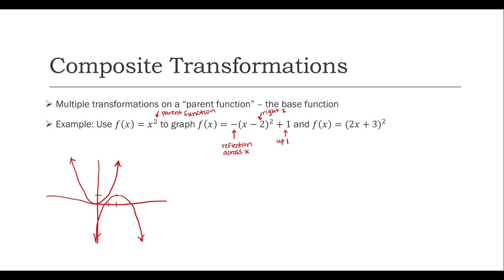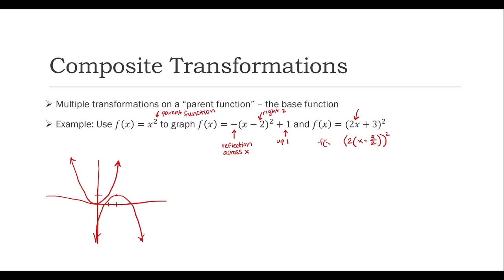So for our second one, we have f of x equals 2x plus 3 squared. You always need to factor out the number before your x, so it would be 2 times x plus 3 over 2 squared.